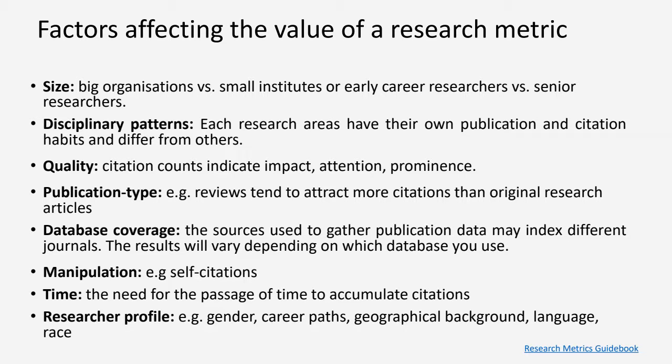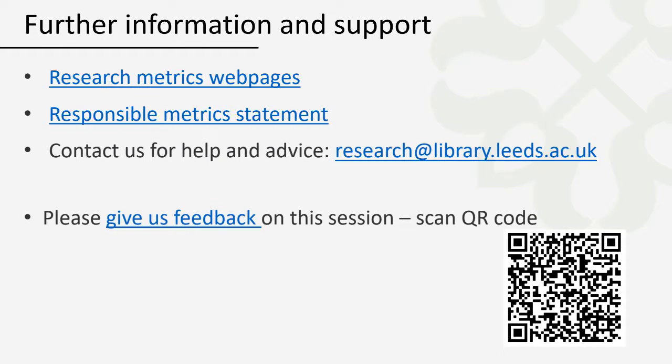And again, that can feed into the journal title itself. So a journal that only publishes reviews will generally receive more citations than a smaller journal which is focused entirely on original research. You can have a look at these other factors in your own time, because I realise we've got to the end of the session now.